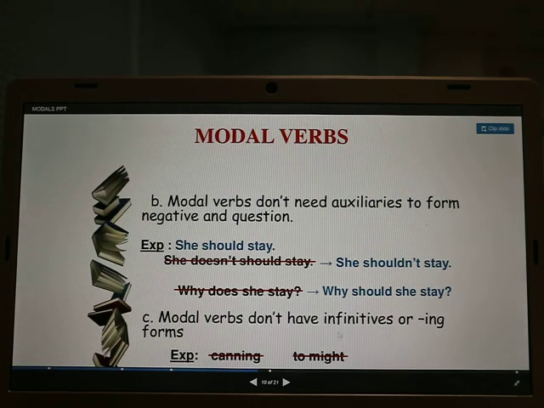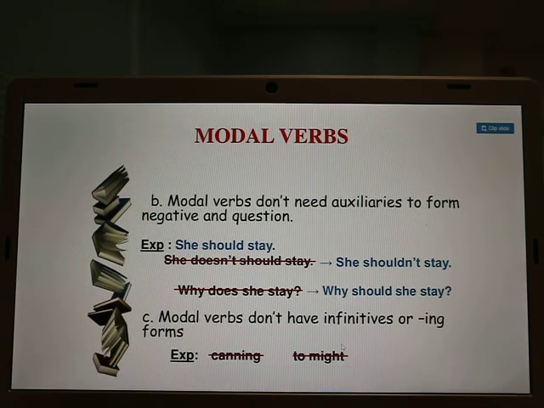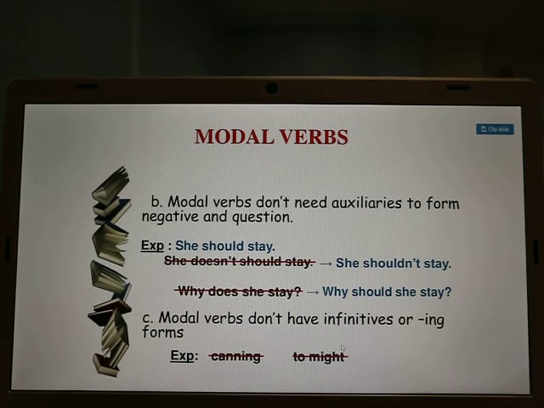Next, modal verbs don't have infinitives or ing forms, so you cannot add ing to them, just as you cannot add s or es to modal verbs. Like can or should, you cannot add shoulding because it's a different word, right? So you cannot add ing to can because it will become canning. So we don't add those forms to modal verbs.